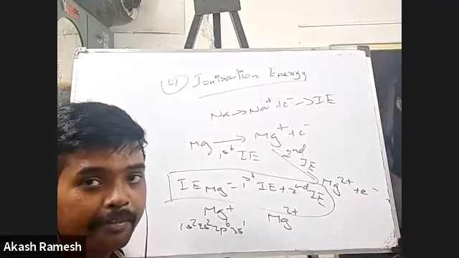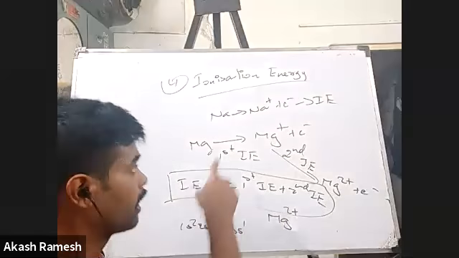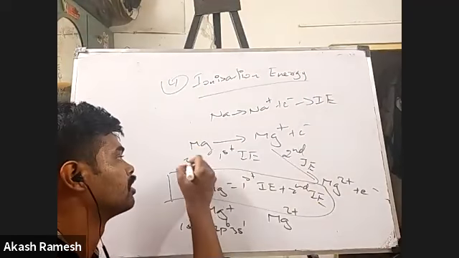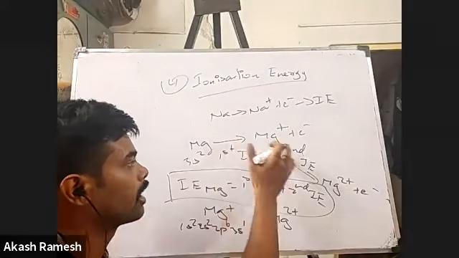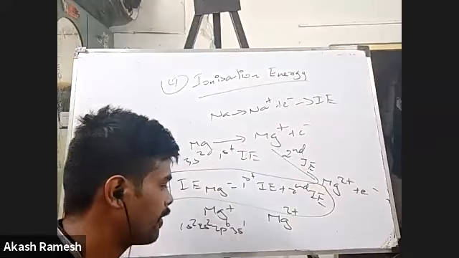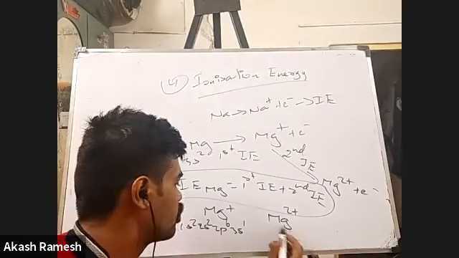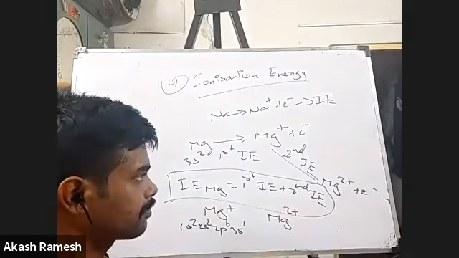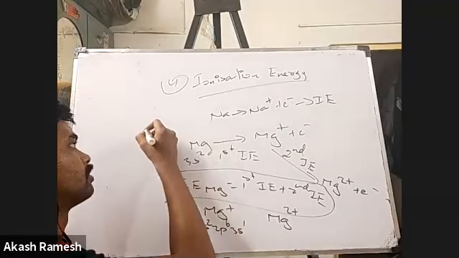For magnesium, the valence electronic configuration would have been 3s2. Now I have removed one electron to form Mg plus, so it has 3s1.